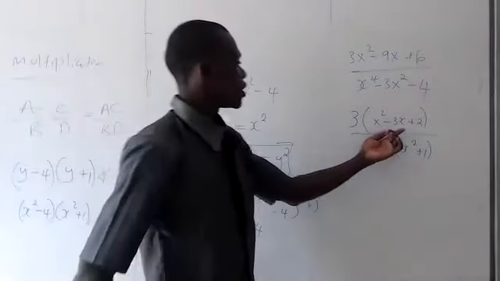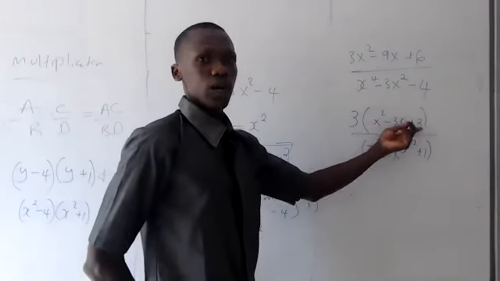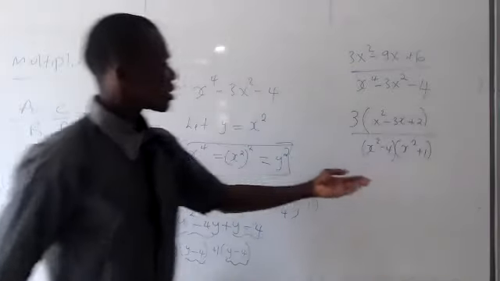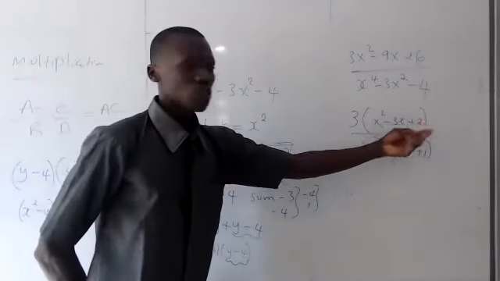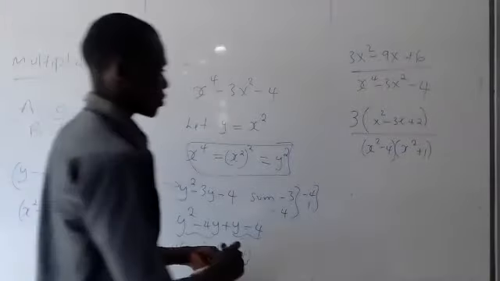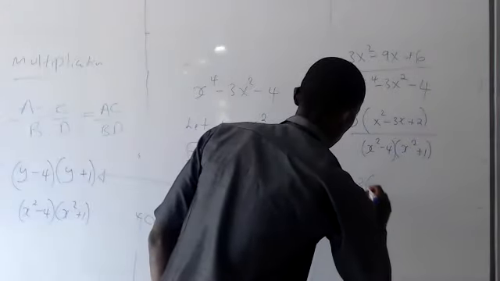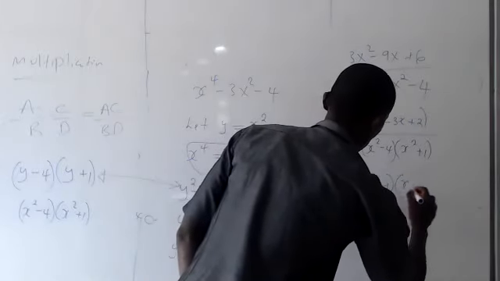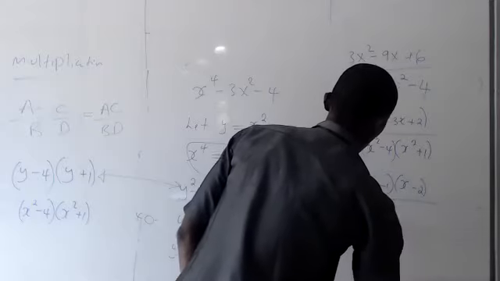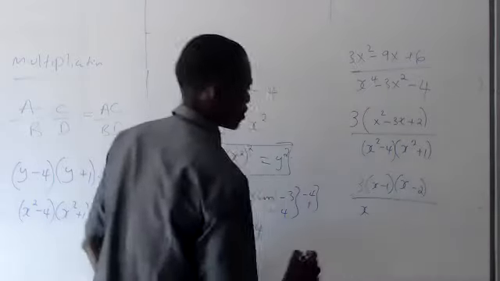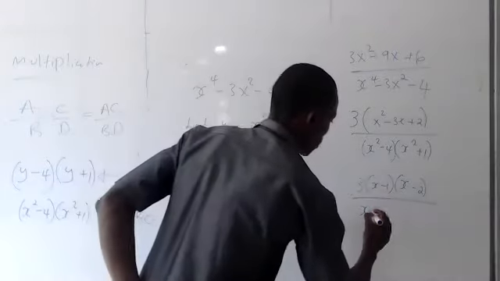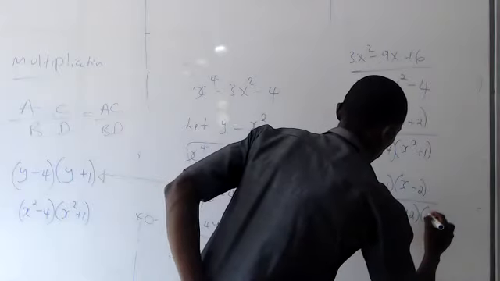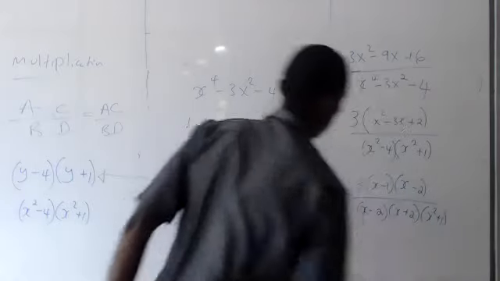And you could also factorize the numerator. This is a very familiar polynomial now. We have factored it more than 5 times in this class. Two numbers whose sum is -3 and product is 2: -1 and -2. So we will have 3 into x minus 1, x minus 2, divided by x squared minus 4 times x squared plus 1.